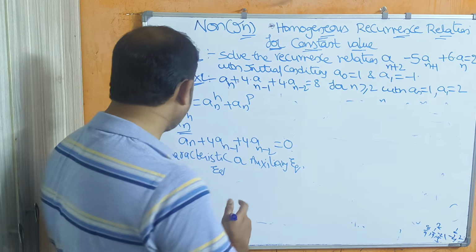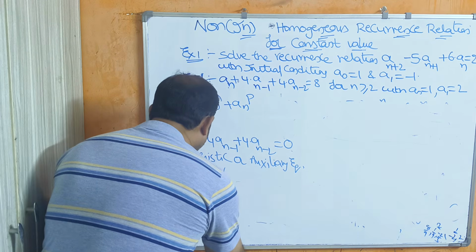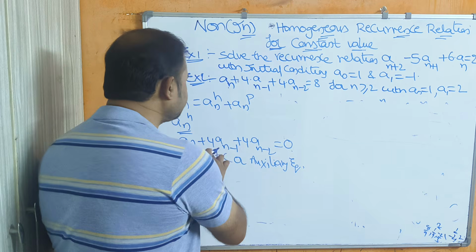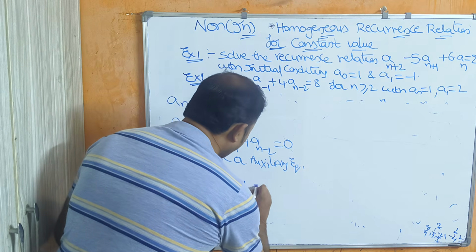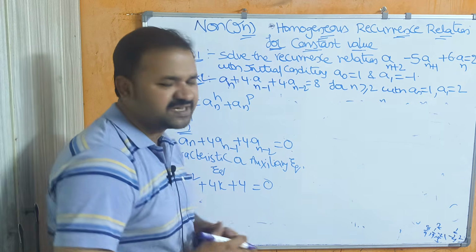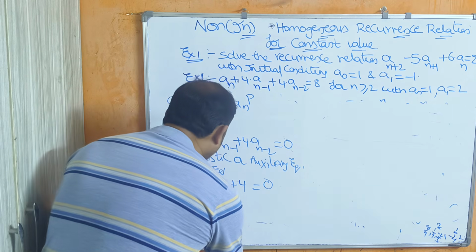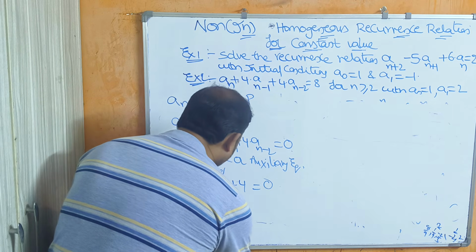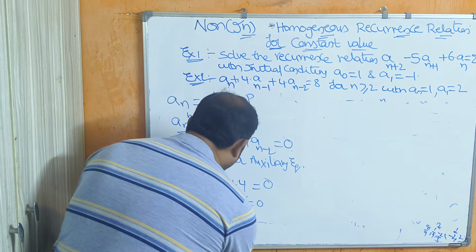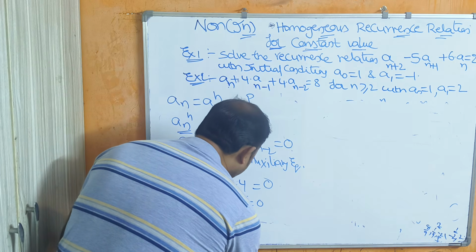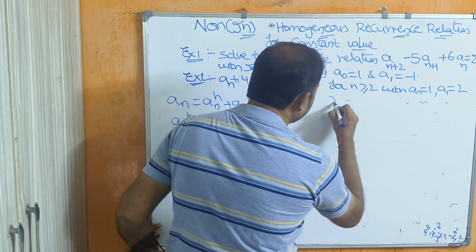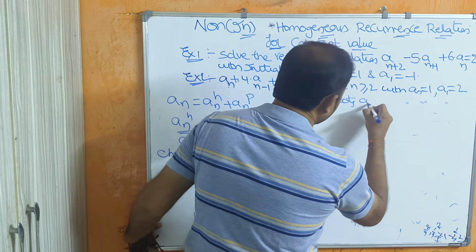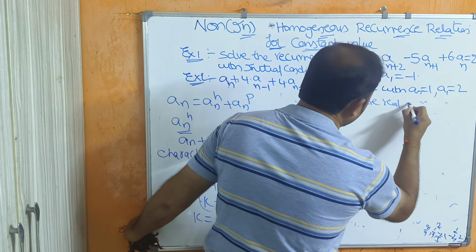Here the constant is 1, so 1 into k square, here the constant is 4, so 4 into k plus here 4 equal to 0. So this is nothing but direct formula. So what is the formula? K plus 2 whole square equal to 0. So what is k value? K value is minus 2 comma minus 2. Here the roots are real and equal.